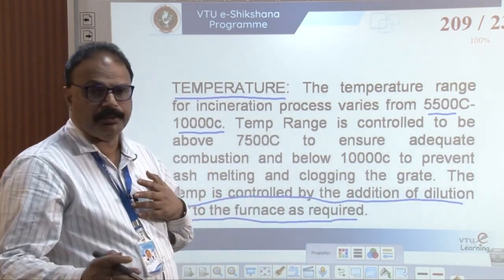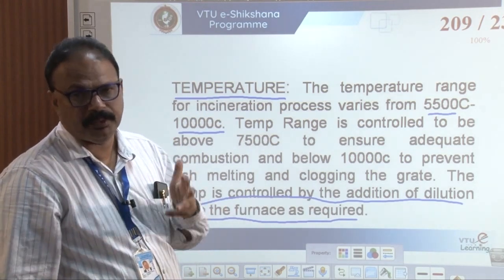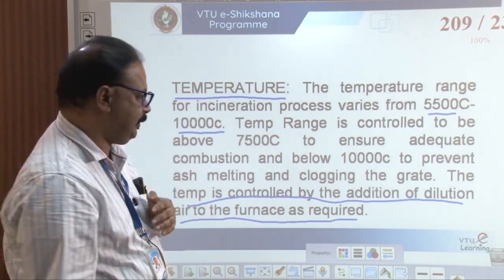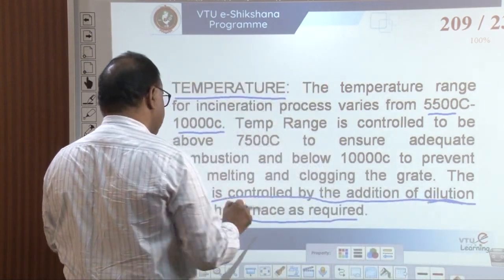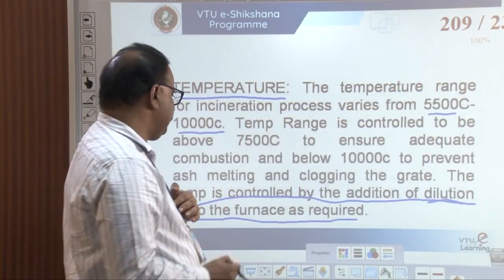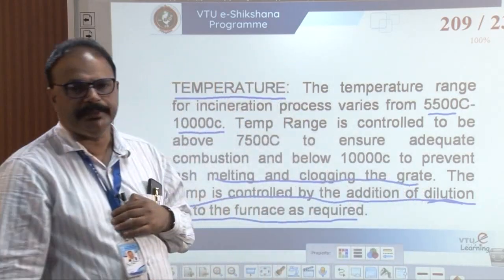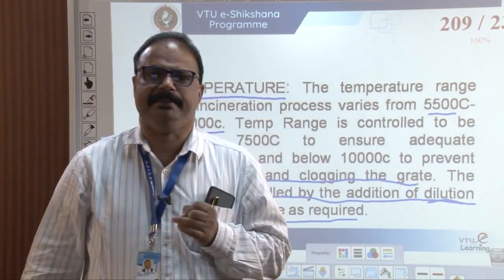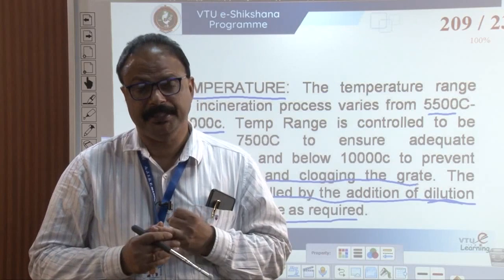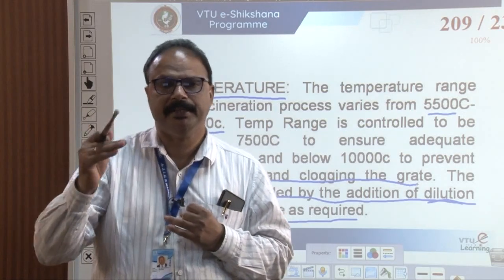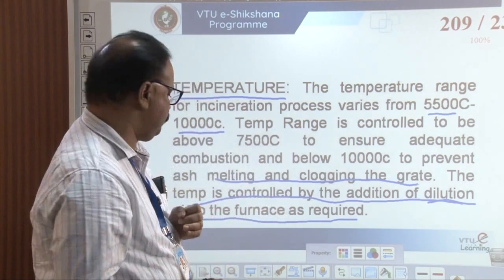The furnace requires dilution air, otherwise clogging and melting take place. This is the second T. For the first T, time is required; if the burning temperature is high, air is required to the furnace to control it.